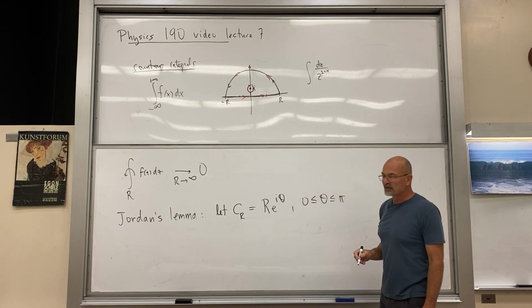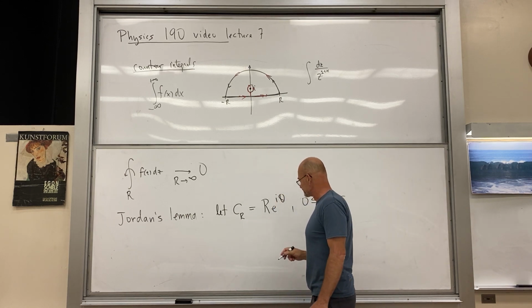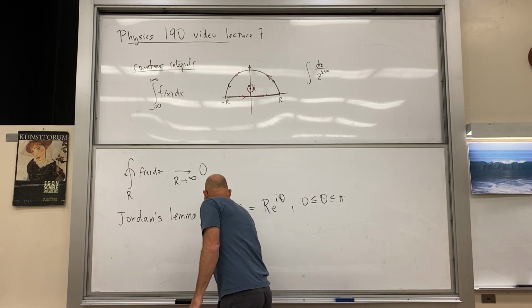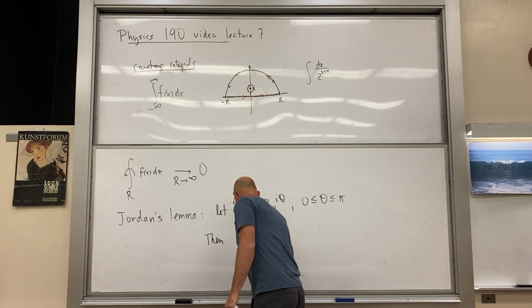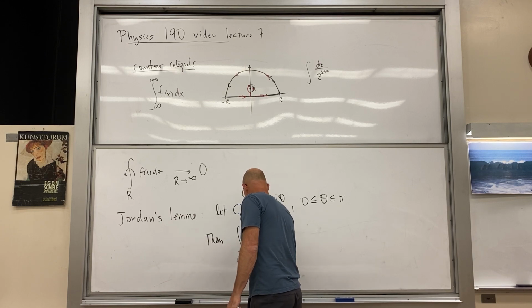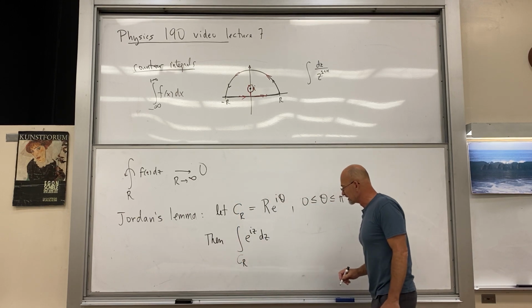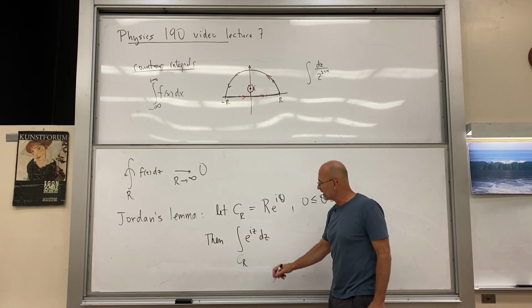So that's that semicircular path that we're talking about up there. Then the integral along C sub r of e to the iz dz. It's going to bring a whole new class of functions if we can use this e to the iz here.